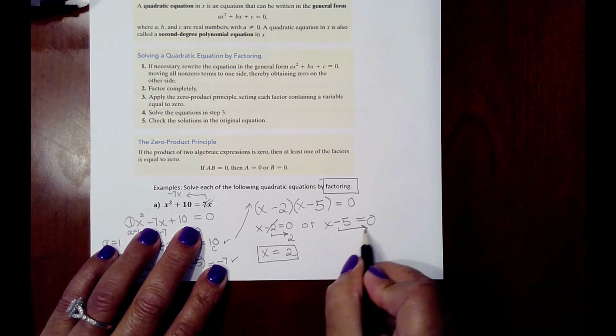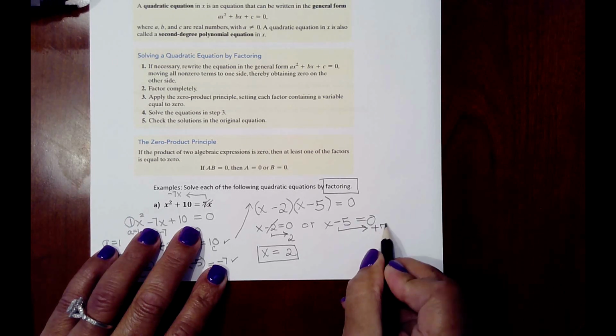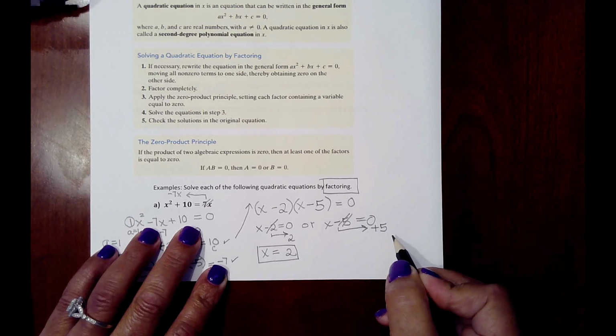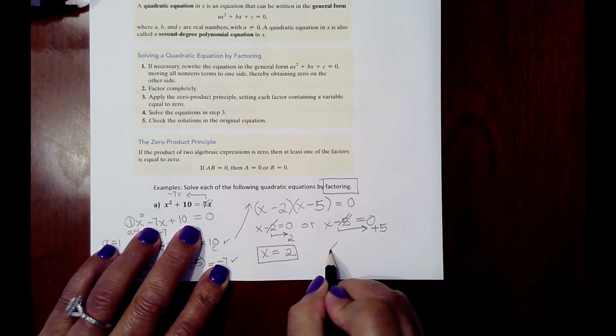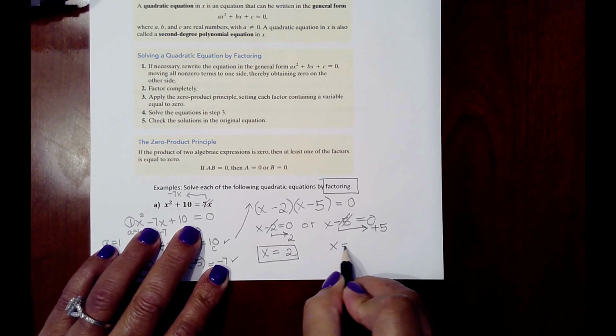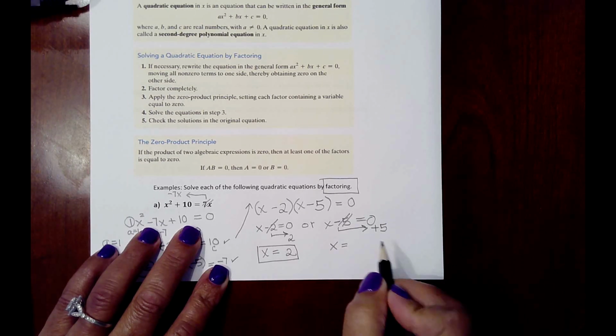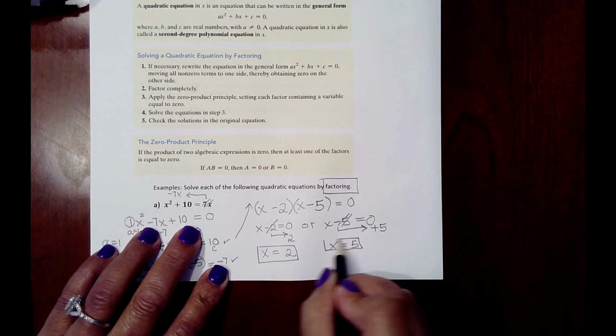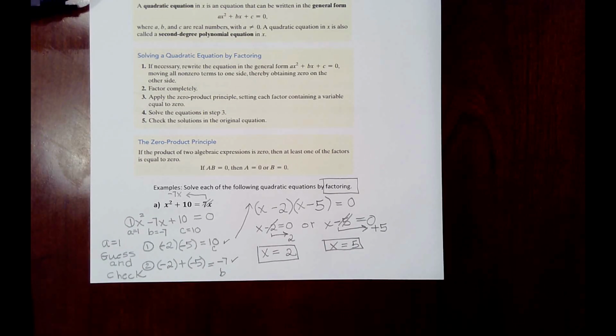You're going to move that -5 to the other side. So this -5 is not here. It's on the other side, acting as a +5, and thus you have isolated the x value. So x equals 5 is your second solution. Okay, so those are the first two solutions.